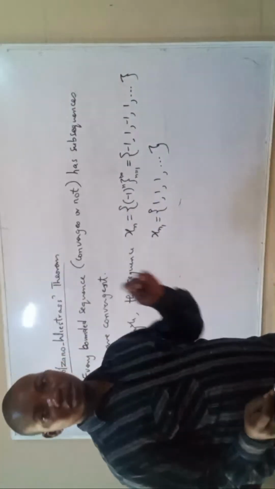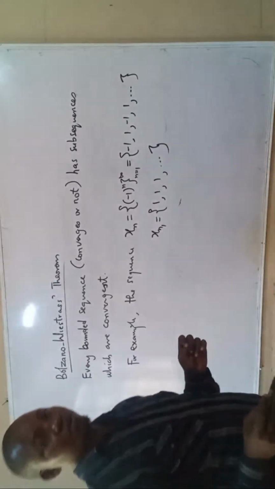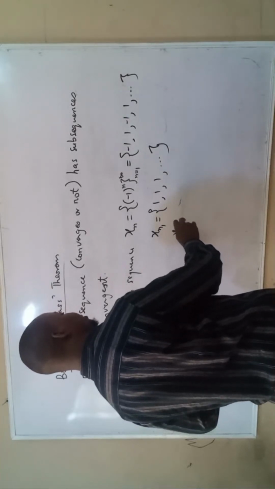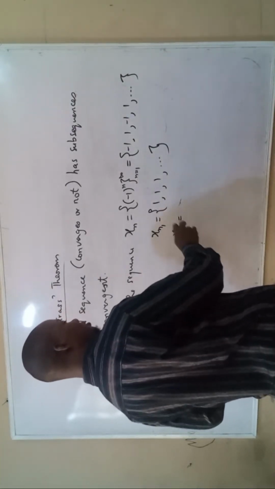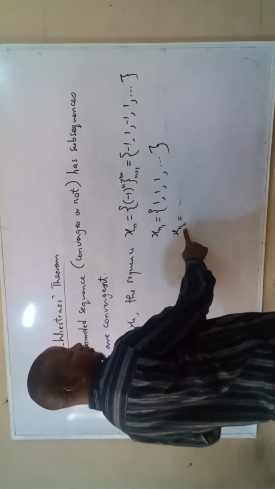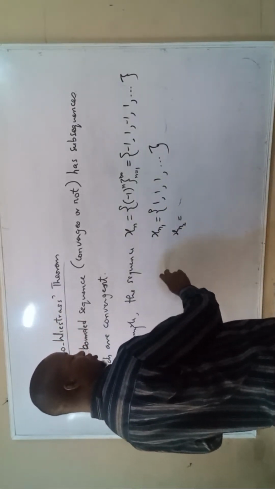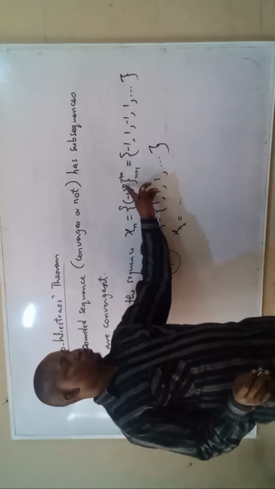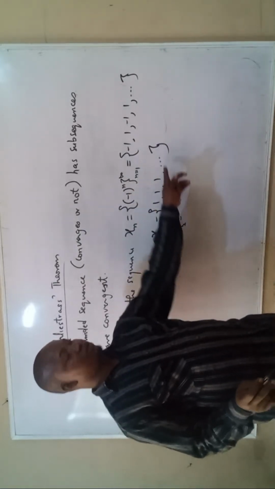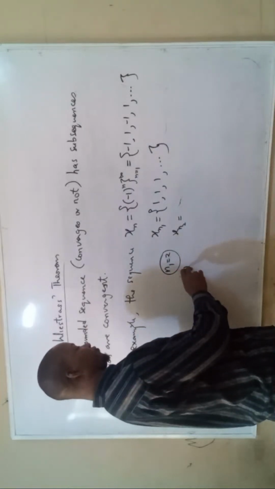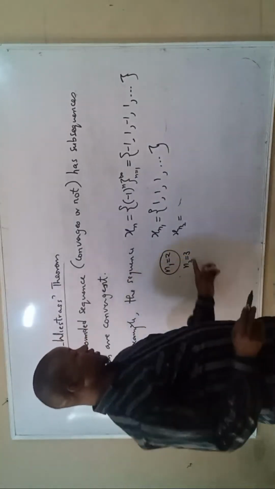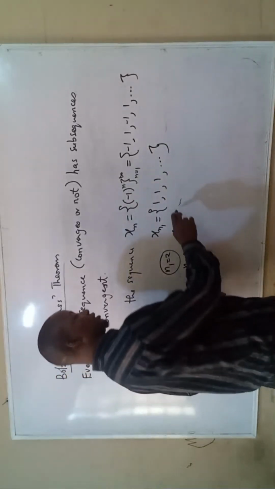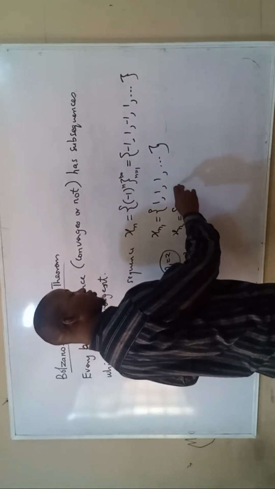And we can similarly pick xn2 to be a subsequence. If you replace n2 to be 3, that means the power of this term is now 3, so whatever we get here will be minus 1, minus 1, minus 1.